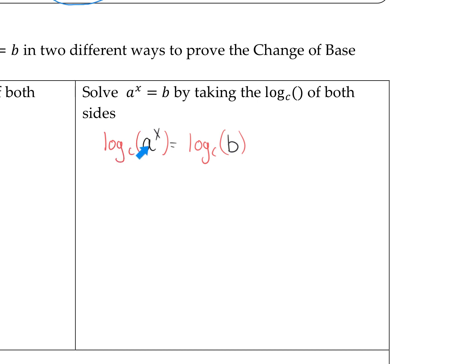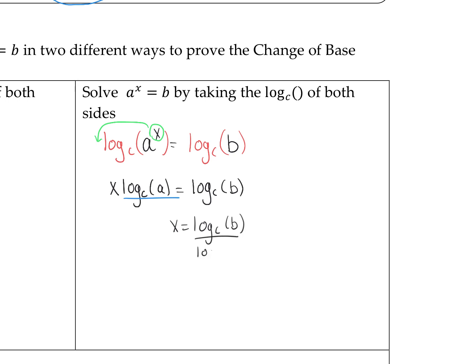Since this base and this base don't match, all I can do is use rule 3 to bring this x out in front of the logarithm. So now I have x log base c of a equals log base c of b. And to solve for x, I just divide by everything that's not x, which is this whole mess right here. So x is log base c of b divided by log base c of a.